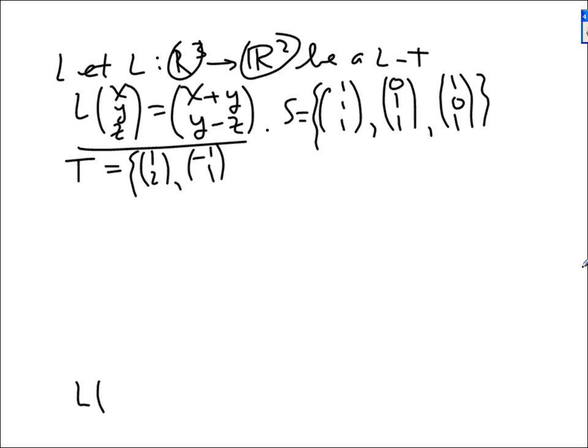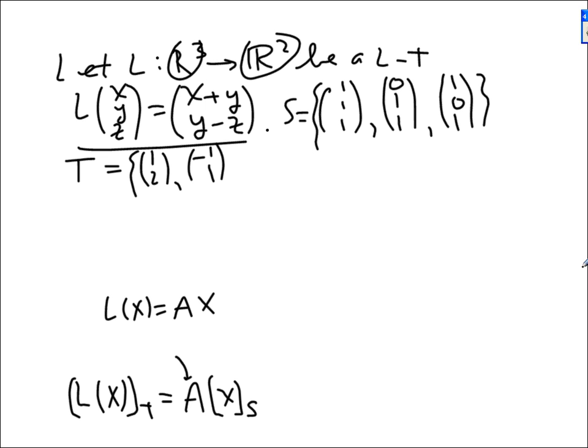Remember that the coordinates of L of x with respect to T don't equal A times x, but equal A times the coordinates of x with respect to the basis S. Now, you know how I said L of x is equal to some A times x?